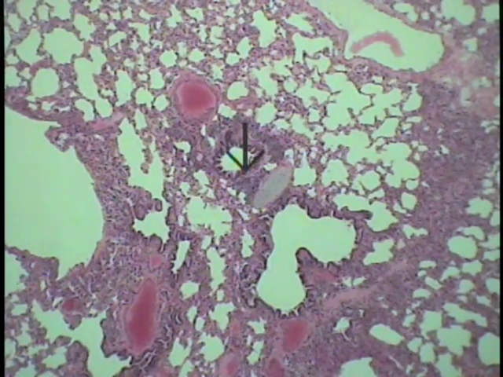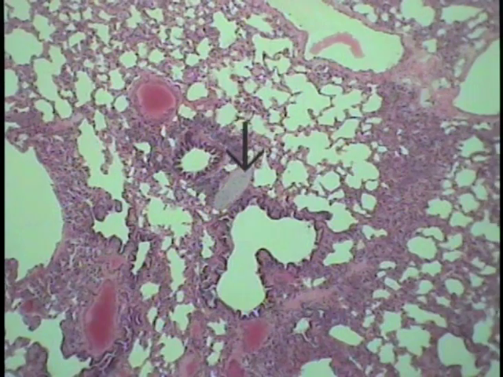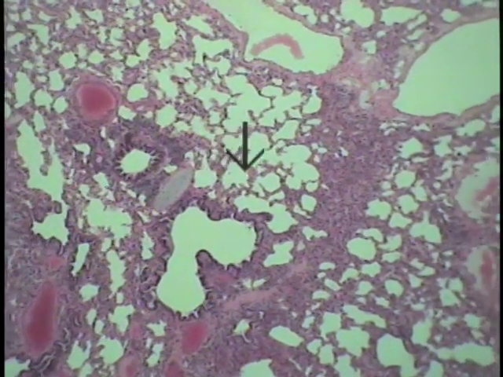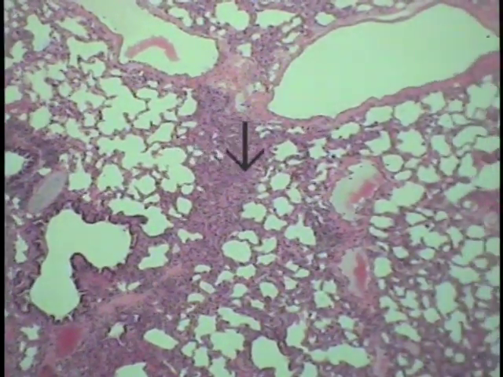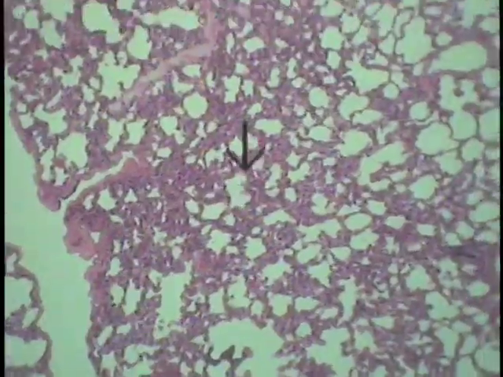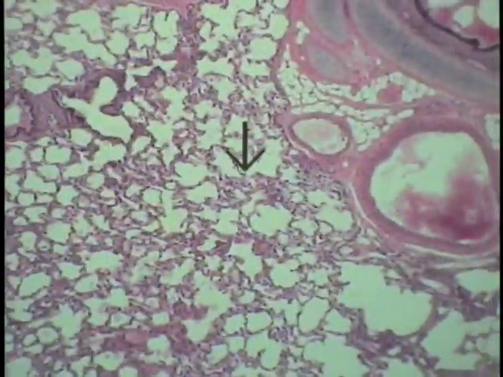Let us now go back in the section and compare it to a primary bronchus, one of the larger subdivisions, and note the difference between these two structures.